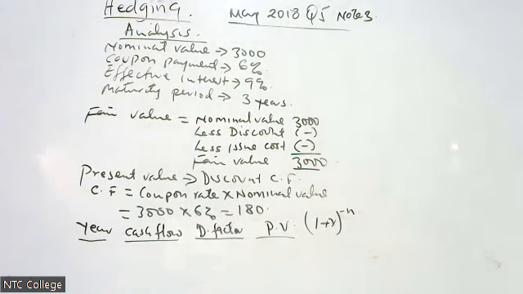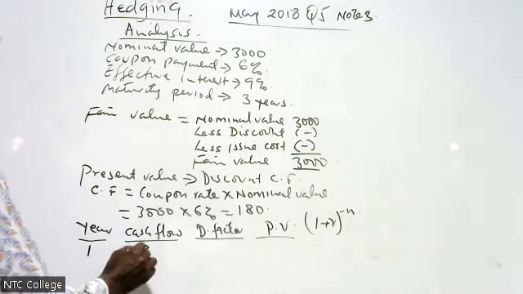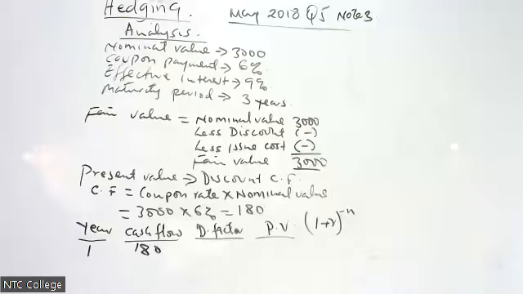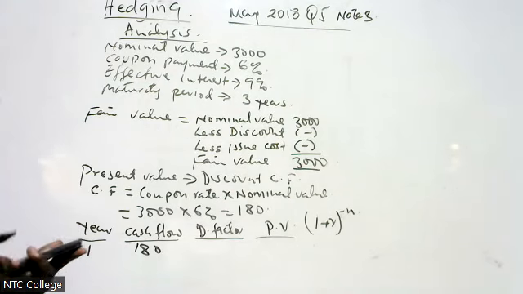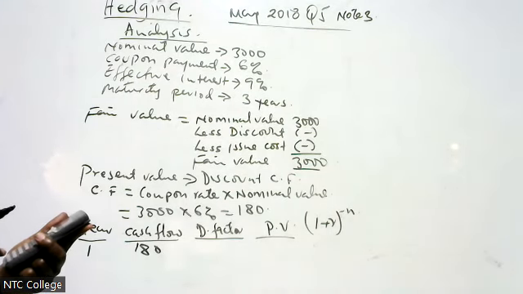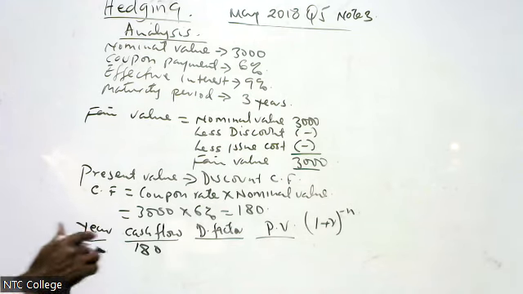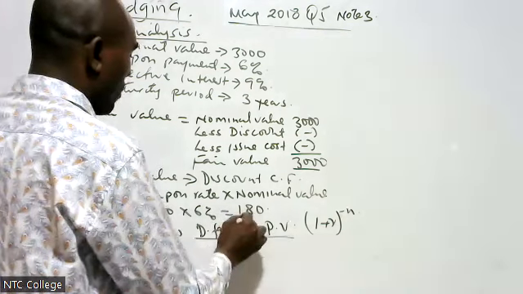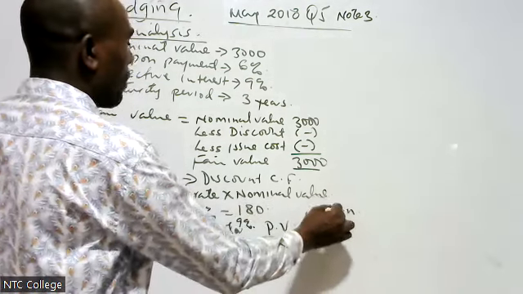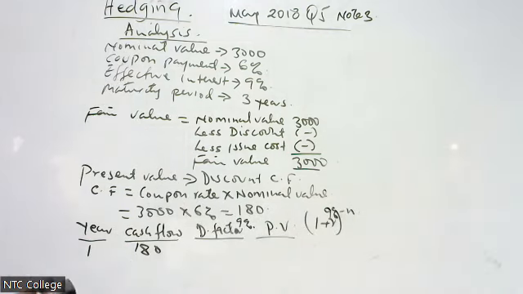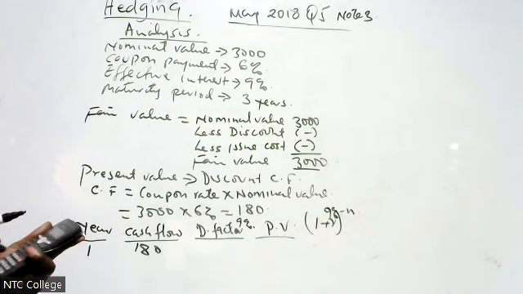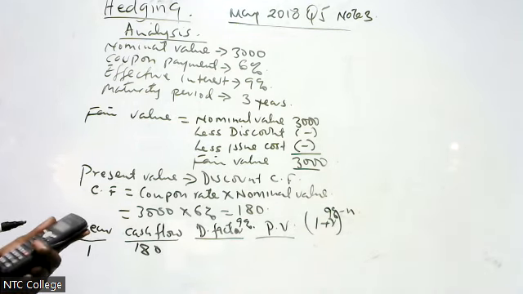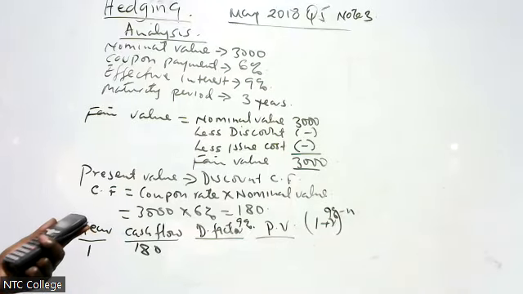Year 1, my cash flow is 180. For the discount factor, we use the effective rate, which is 9%. When you are determining the discount factor, use the effective rate. 1.09 raised to negative 1.